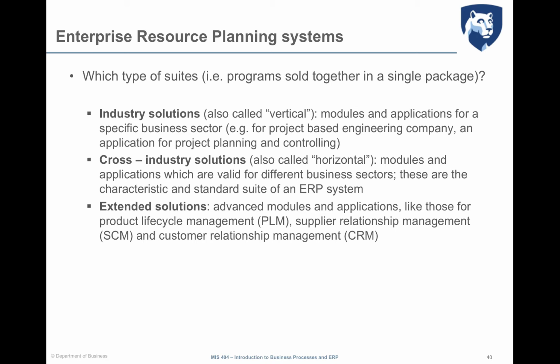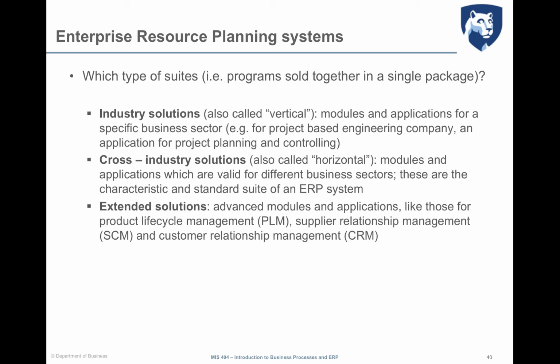When we talk about a suite of the enterprise resource planning, we refer to the possible programs that can be sold together in a single package and that can form the enterprise resource planning system architecture. Which type of suite do we have within an ERP system? We have industry solutions, also called vertical suites, which are modules and applications that are specific to a business sector.